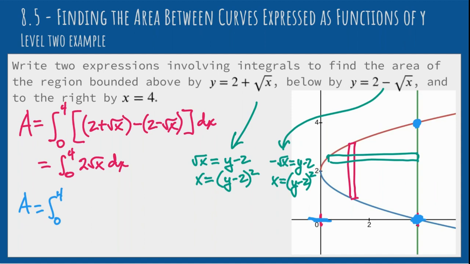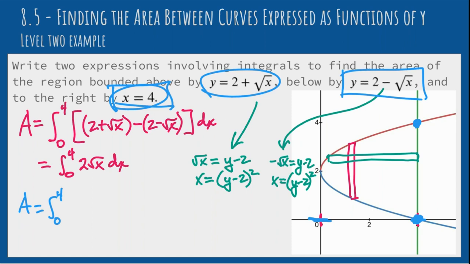You can confirm those algebraically if you want by setting this equal to this for the upper one and this one equal to this one for the lower intersection. And then we're going to do right minus left. So the right function is x equals 4 minus the left, which is y minus 2 quantity squared, with respect to y.